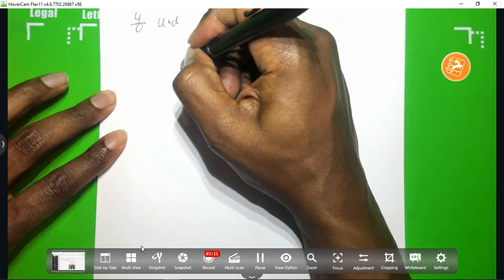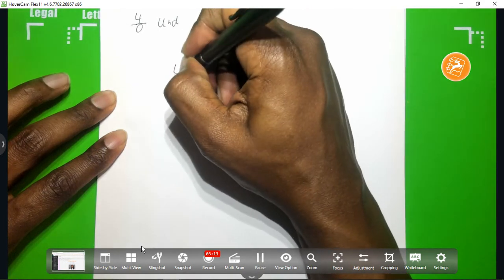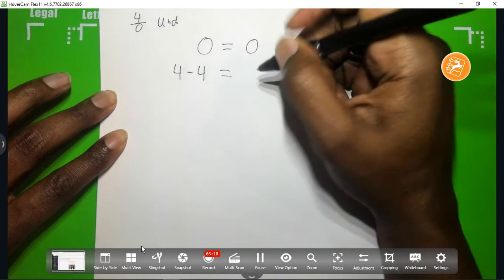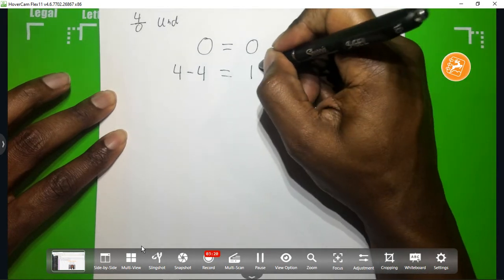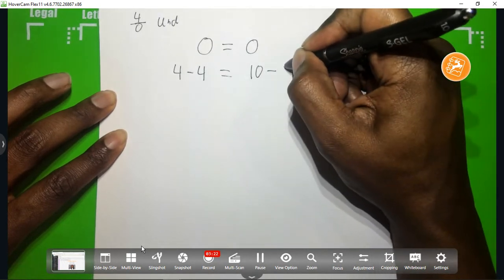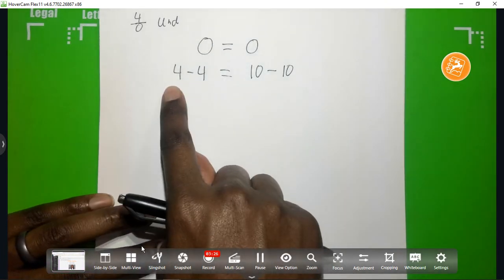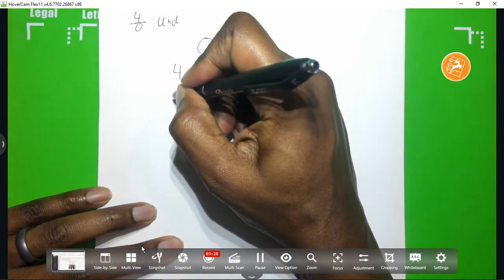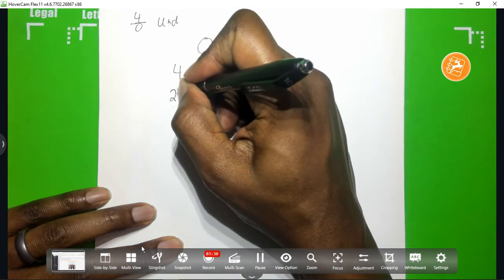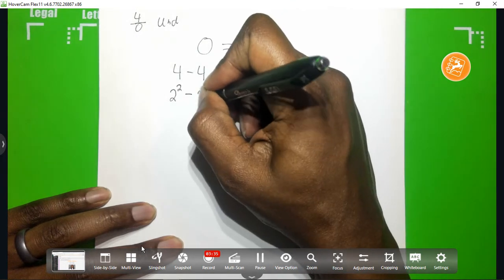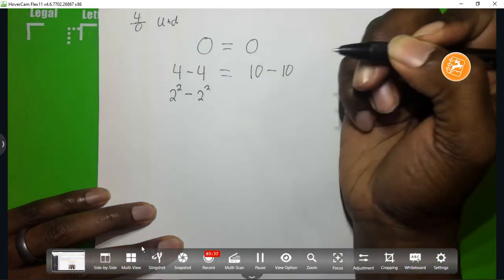Then I'm going to rewrite 0 as 4 minus 4. On the other side, I'm going to write it different. I'm going to write it as 10 minus 10. Now, I'm going to rewrite the 4 minus 4 as 2 squared minus 2 squared.